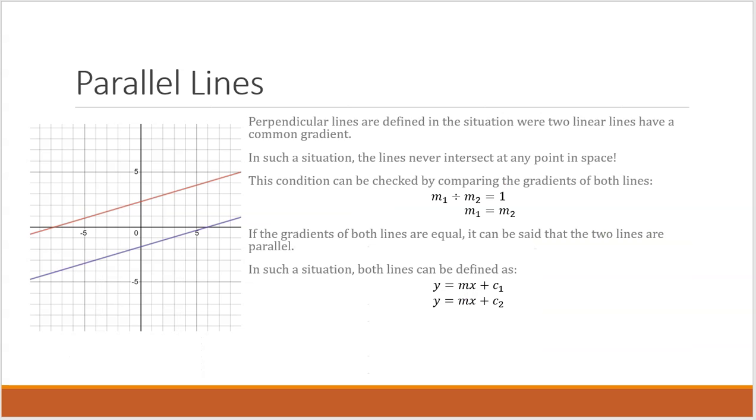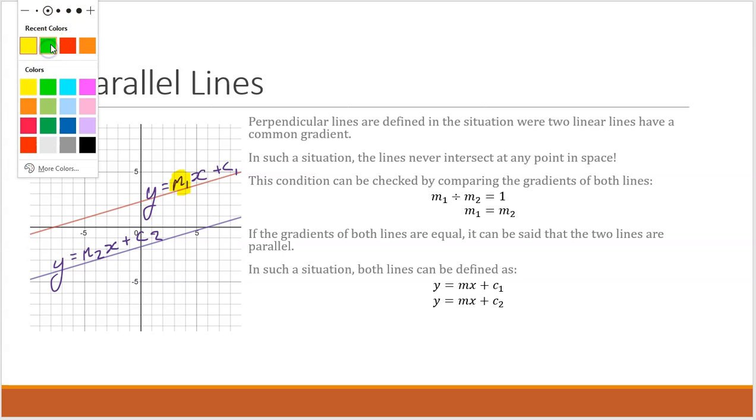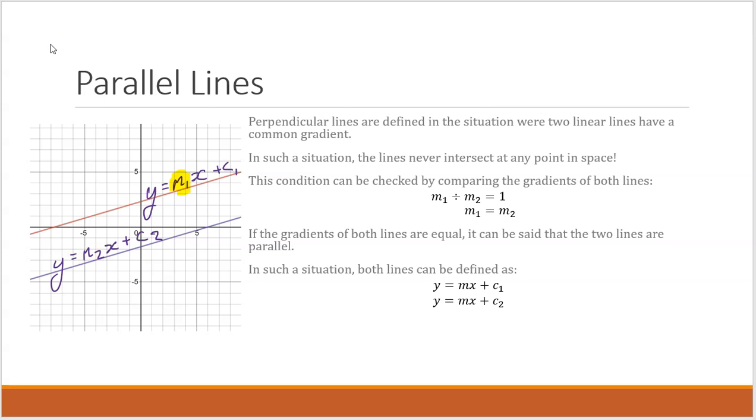To check whether two lines are parallel or not, we inspect the gradient. Recall y equals m1x plus c1 and y equals m2x plus c2. We look at each individual gradient, m1 and m2, and if m1 is the same as m2, then we know that the two lines in question are parallel.